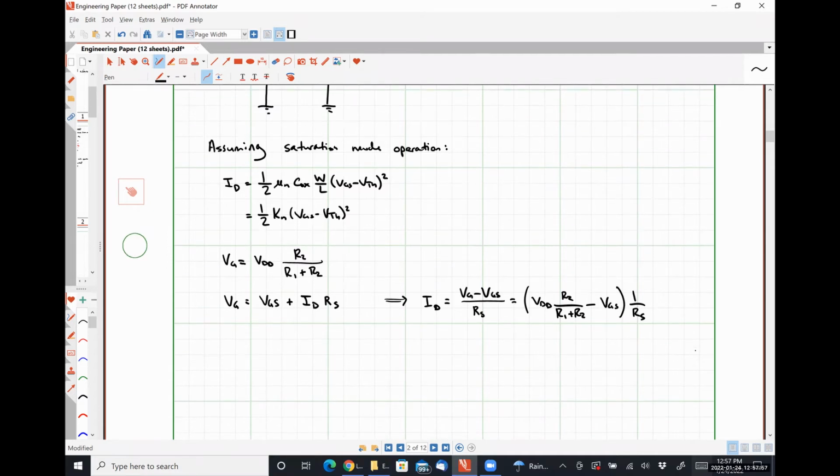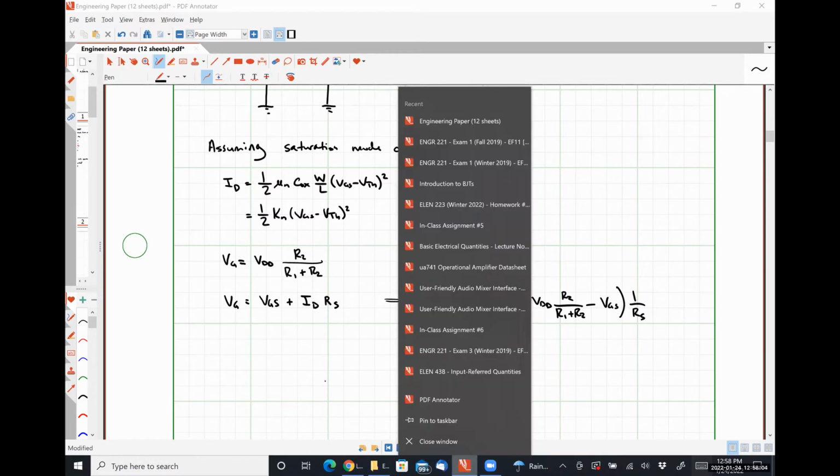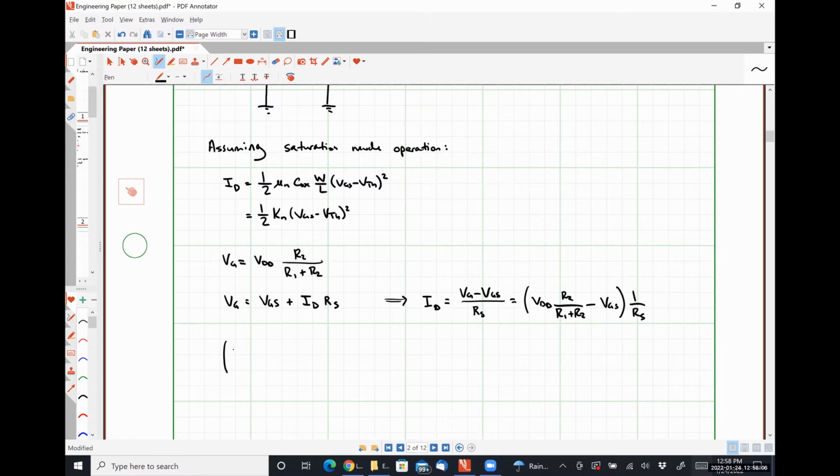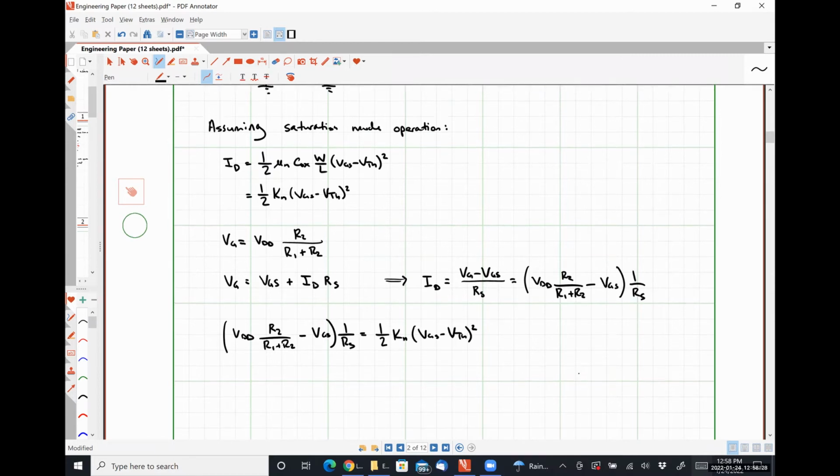If I equate my two relationships, I'm going to have VDD times R2 over R1 plus R2 minus VGS, all multiplied by 1 over RS, is equal to 1/2 Kn times VGS minus VTH squared.